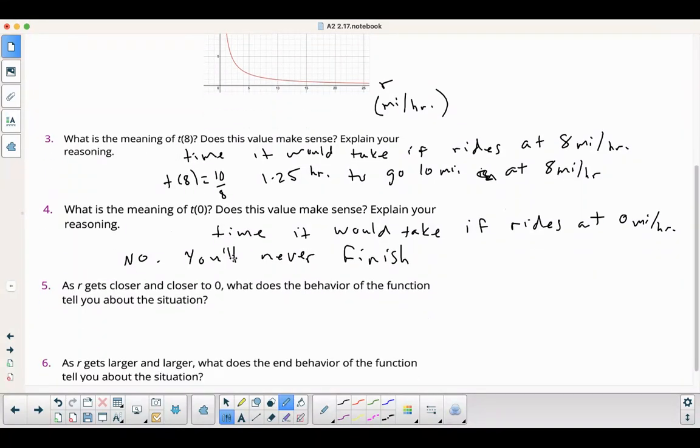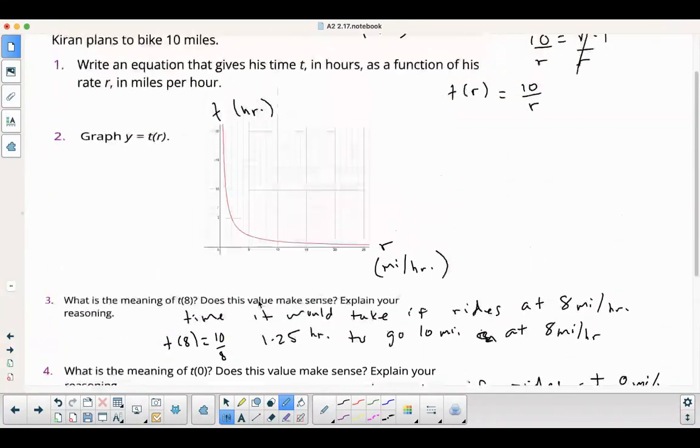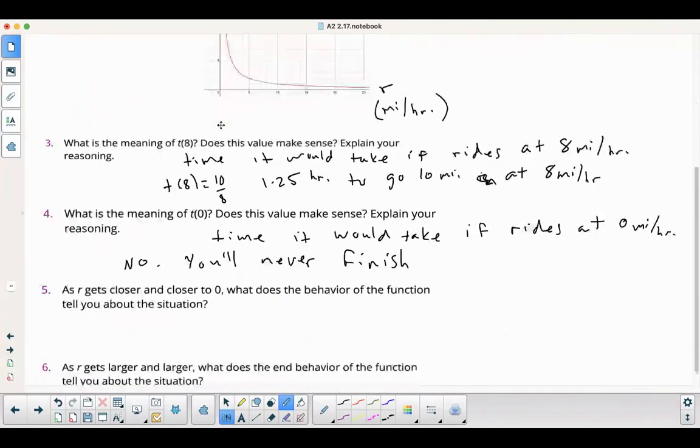And then, as r gets closer and closer to 0, what does the behavior of the function tell you about the situation? So r is right here on the x. As I get closer to 0, and I'm not coming from this way because there's no function over here because you're not going to have a negative r, my time is longer and longer.